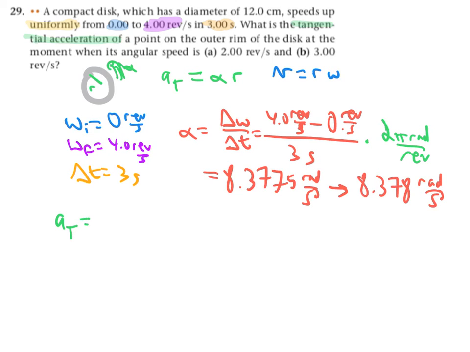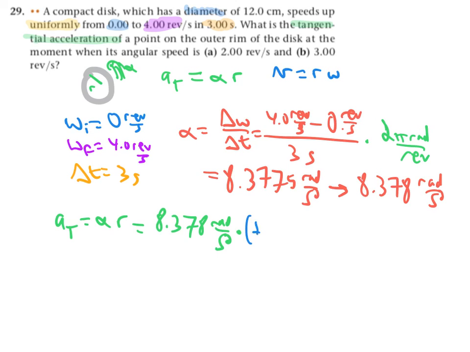The tangential acceleration is, as said before, alpha r, so it's 8.378 radians per second squared times the radius. We should be careful with that: it's 1/2 the diameter, which is what we were given here.